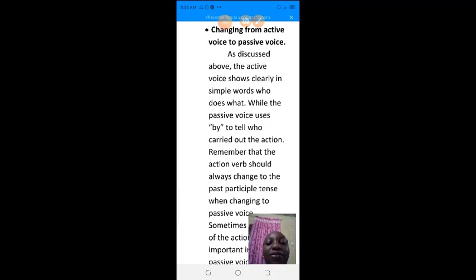Now, it is by that introduces the subject in the passive form. We use the preposition by to introduce the subject in the passive form.